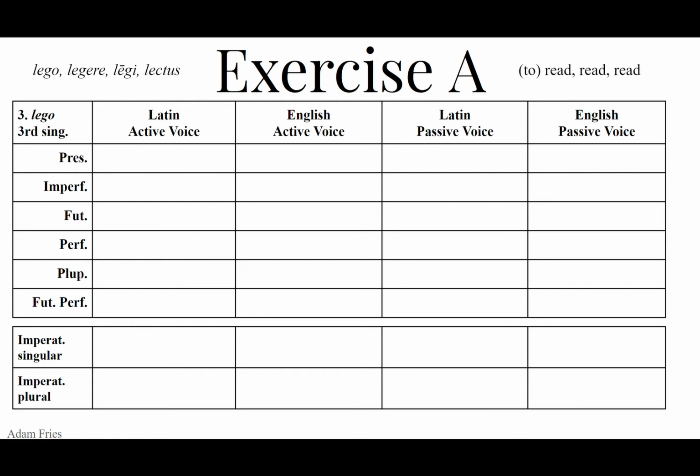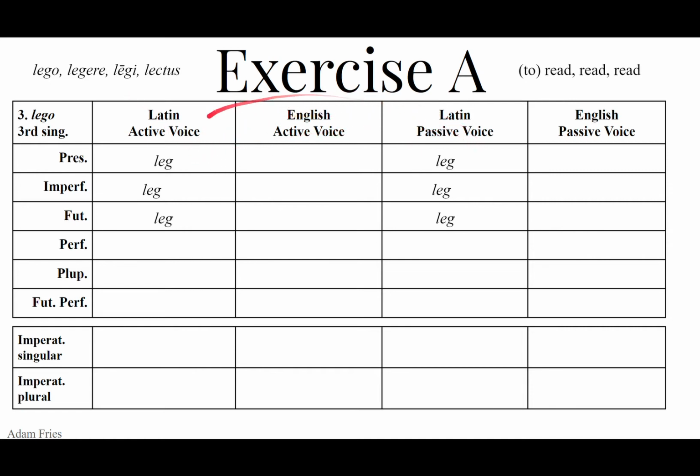But first, before that, we have to get the stems of the verb. Third conjugation verbs, the present stem is found by chopping the o off of the first principal part. So lego, chop the o off the first principal part, and you get leg. And that is the present stem, which we're going to use in the present, imperfect, and future, active and passive voice.